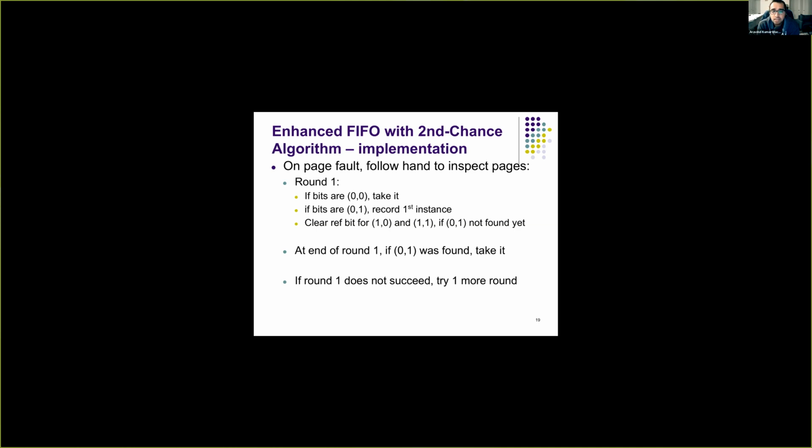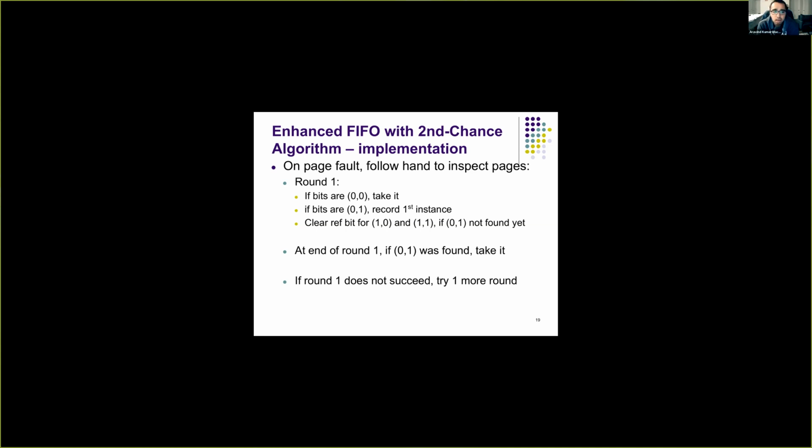And if we see a page which has 1 0 or 1 1, then we just clear the reference bit, the first bit, to be 0. I mean, we do this only if we haven't found any page that has 0 1.